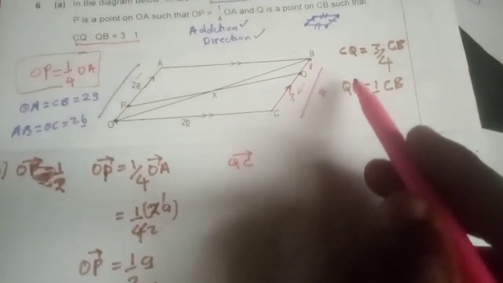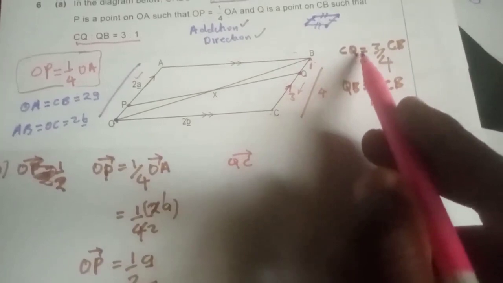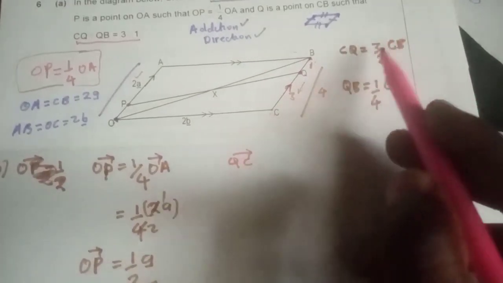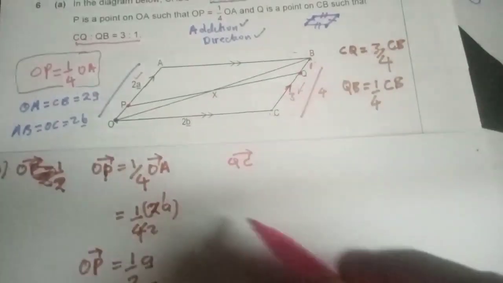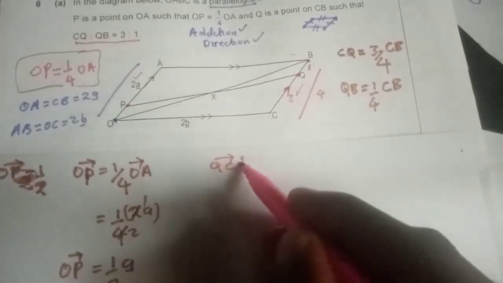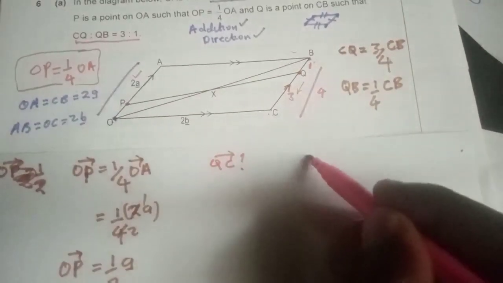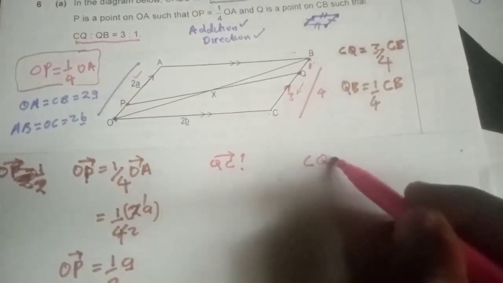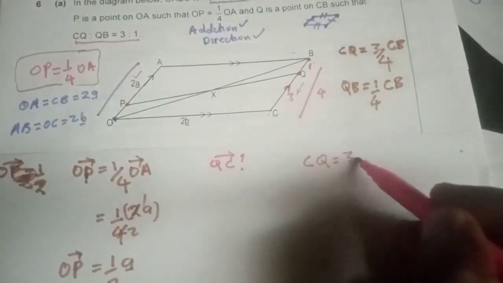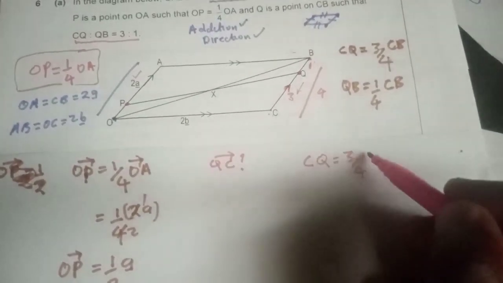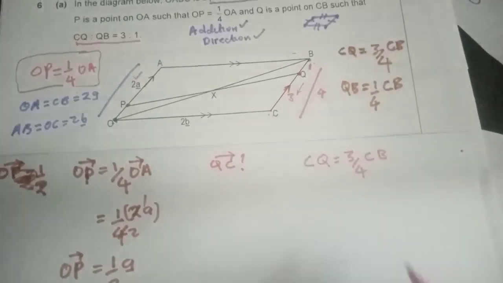So remember, we said that CQ is 3 over 4 CB. CQ, we had already established it. It is 3 over 4 CB.